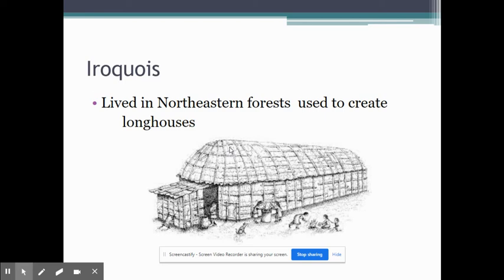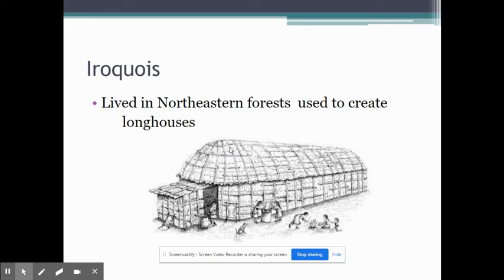They created what we call long houses that probably would have contained entire families, not just a mother and father and a couple children, but all the grandparents, aunts and uncles. An entire family would have lived under one roof. I always tell my students to think of a long hallway where there are classrooms on both sides, and then, of course, the hall that would run from one end to the other.